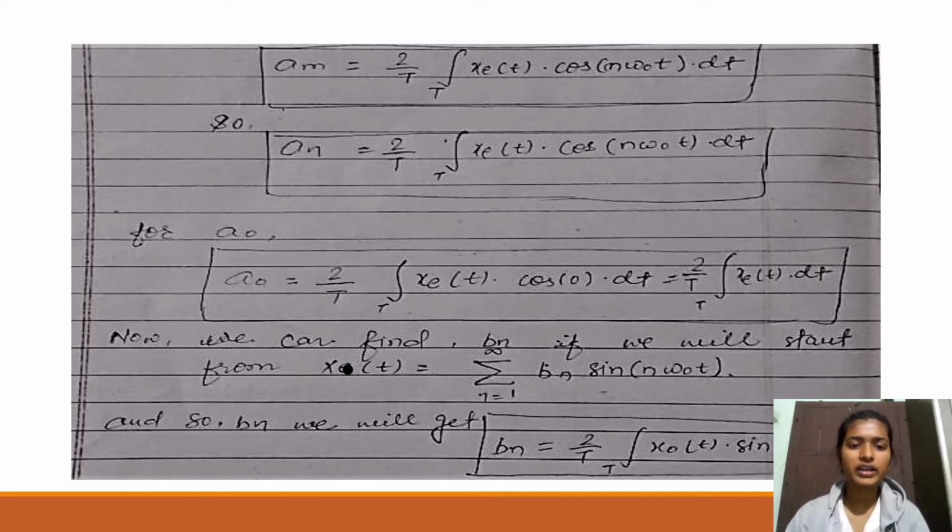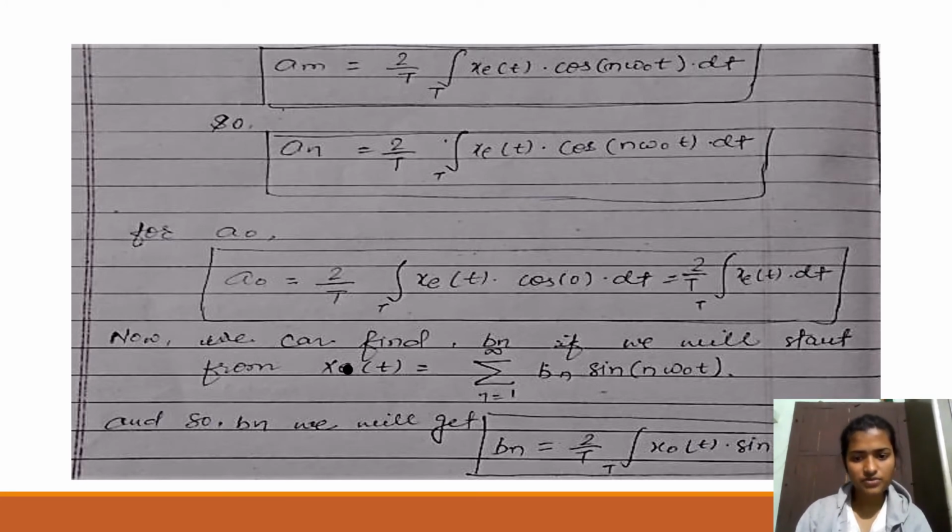Earlier we had to find a_n, so simply we can replace m with n, and we get the result for a_n. We also had to calculate a naught, where n will be 0. After putting n equal to 0, we get 2 by T times the integration of x(t) dt over one time period capital T.